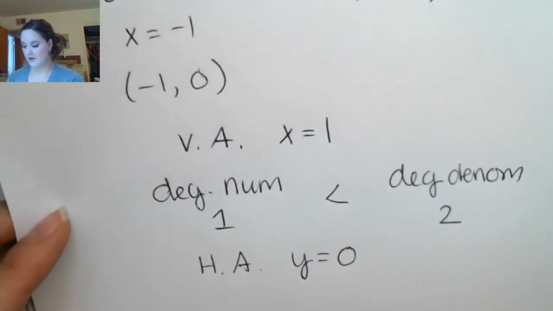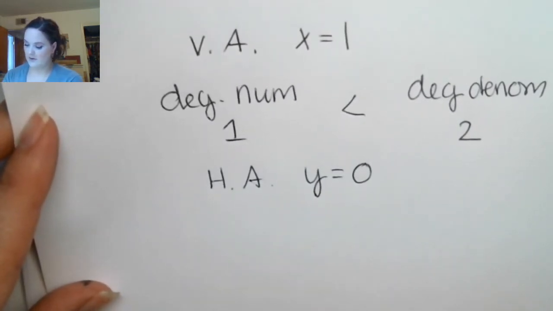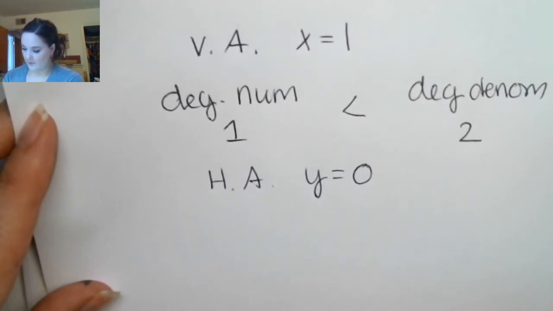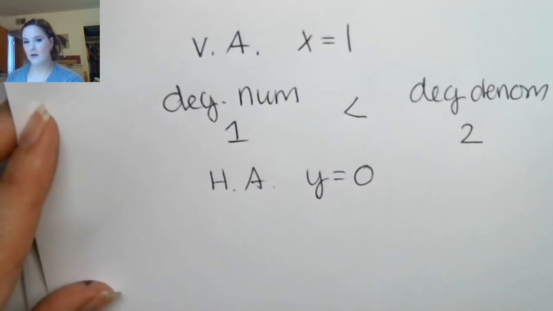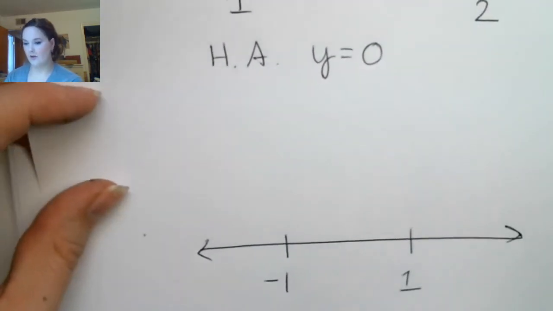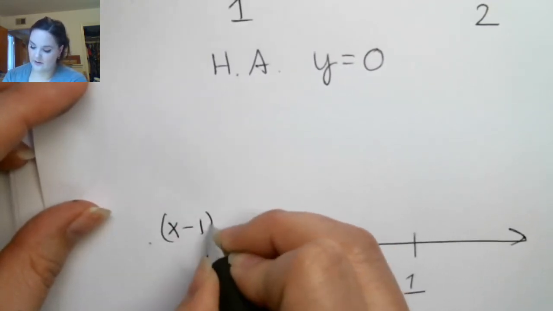All right, so we're going to make our sign chart. Our root from the numerator is -1. Our root from the denominator is +1. And then we're going to list all of our factors. So we have x minus 1 squared.